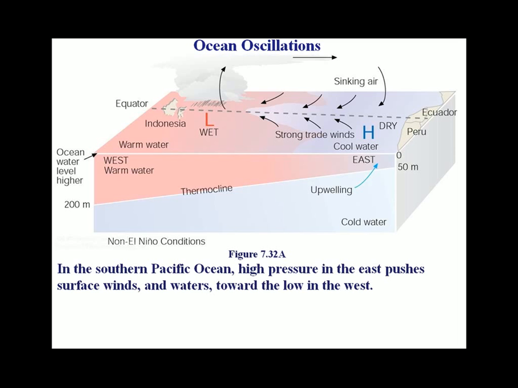In fact, I'm picking up my textbook right now as we speak, and if you turn it to chapter 7, and you turn it to page 197, and you look at figure 7.33.